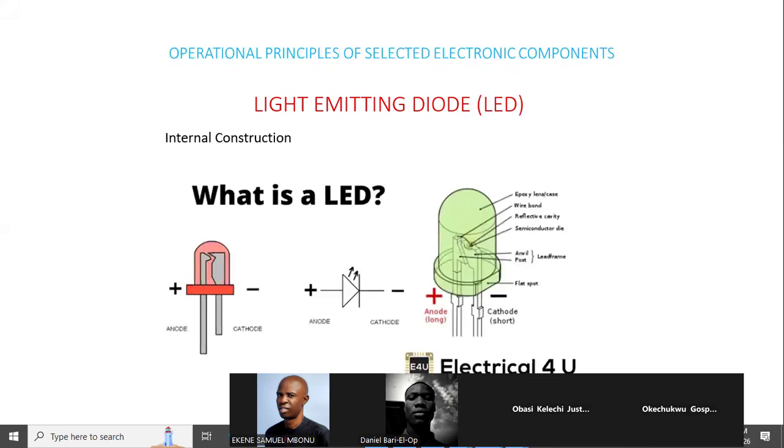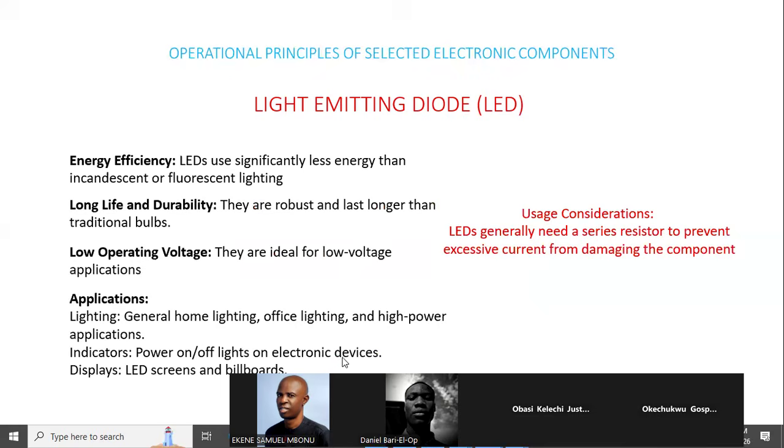That's it. If you observe your LED inside, the leg with the small plate inside is always the anode and is always the longer leg. You can visit electrical for you for further instruction on this. That's the reference. We proceed.